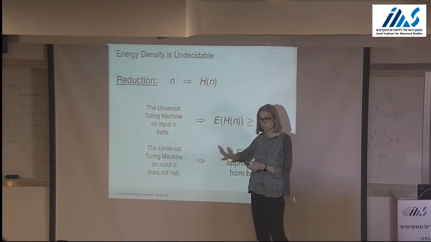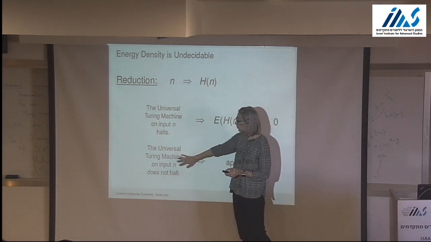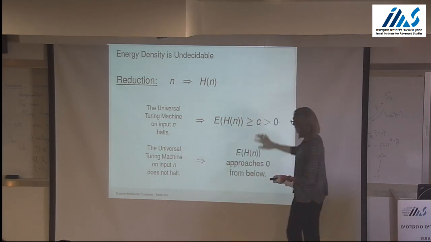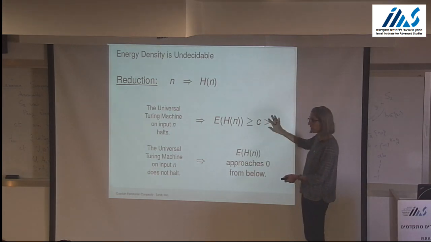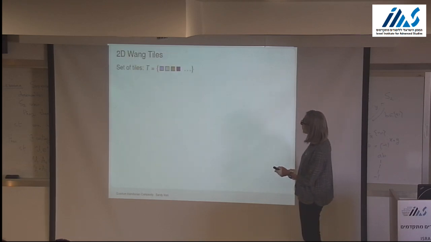So this is just the basic plan for the reduction. You've got this undecidable problem that you're mapping onto whether the energy density is at least a constant or goes to 0, okay? So that's the overall structure.